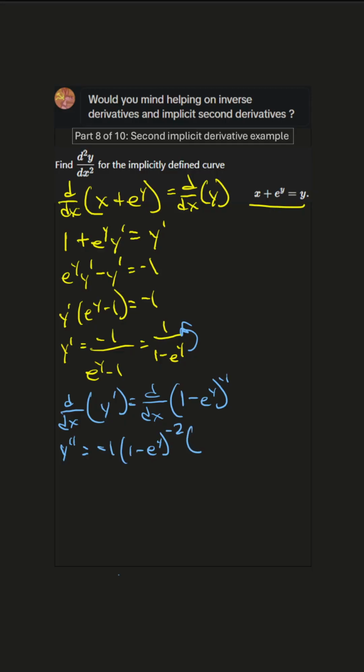Derivative of 1 is 0. Derivative of -e to the y is -e to the y times y prime. We did that earlier, something very similar. And what does this equal? This equals e to the y times y prime over 1 minus e to the y, squared.